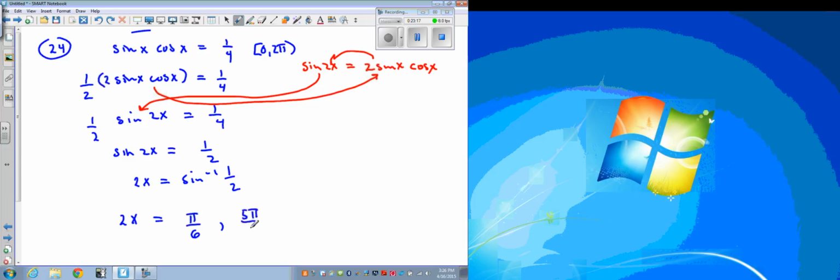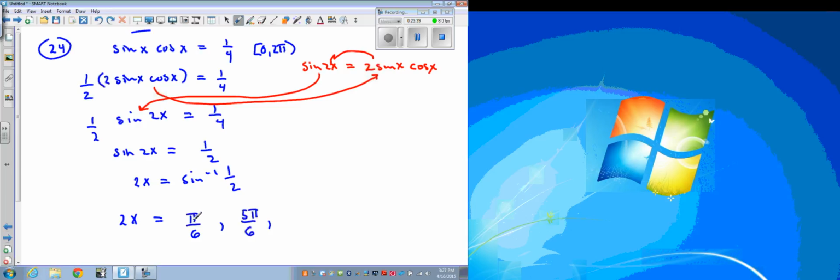Now, you have to go on past 2 pi, right? And then try the second time around. Because we're going to divide everything by half, we're going to bring it back to 1 time around. So it's this thing with 2 pi added to it.